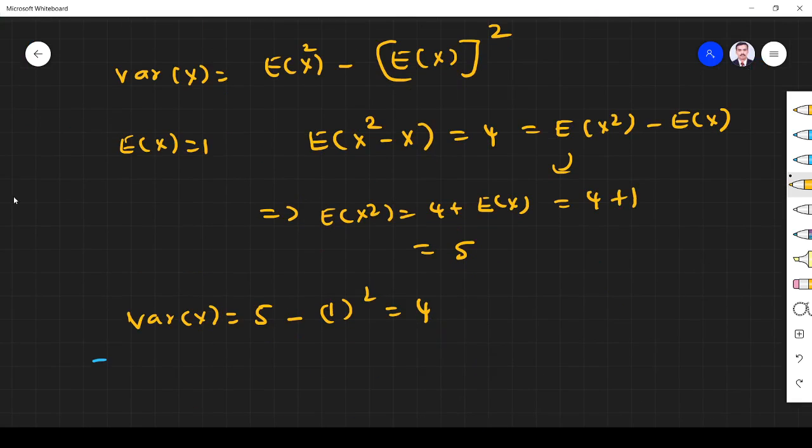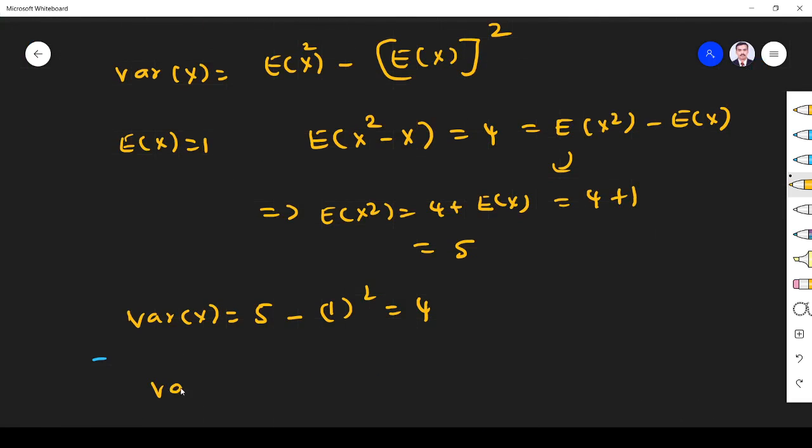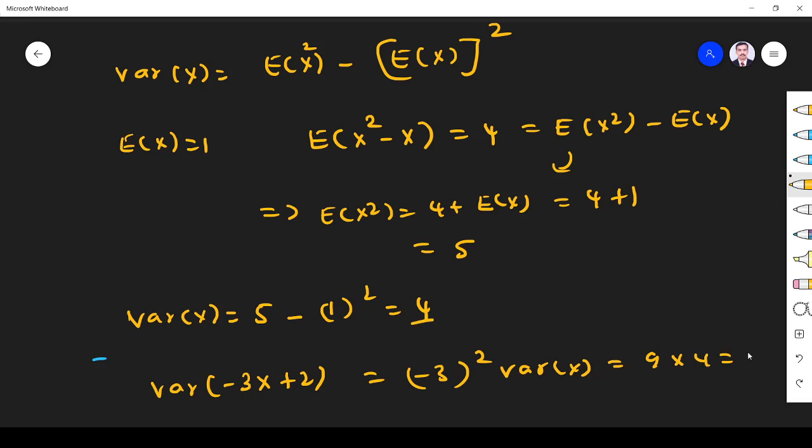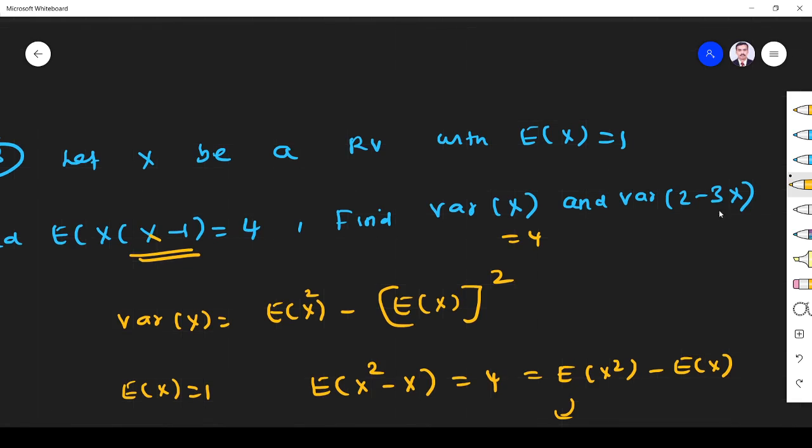Variance of 2 minus 3x, I can write as minus 3x plus 2. Just now we found variance of ax plus b is a squared into variance of x. Variance of x is 4, so 9 into 4, 36. So the answer, variance of 2 minus 3x, is 36.